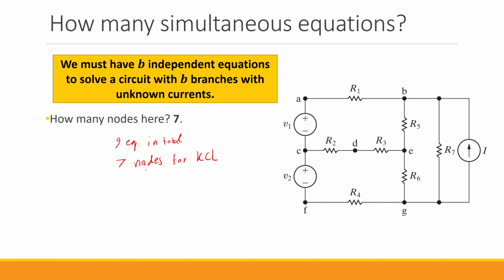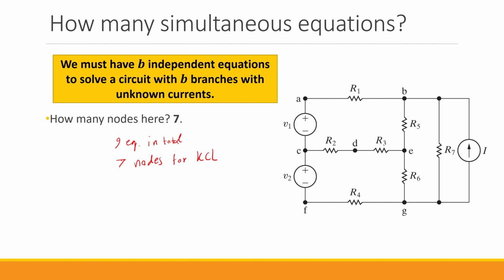But are all of these nodes useful for us? If you remember from before, we said that in a circuit which has n nodes, we can only write n minus 1 independent equations.